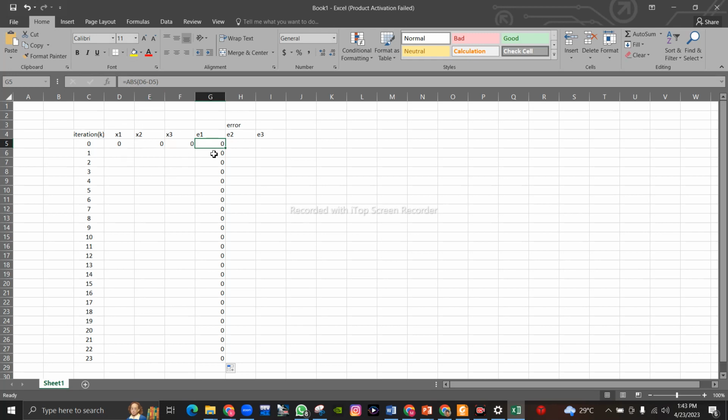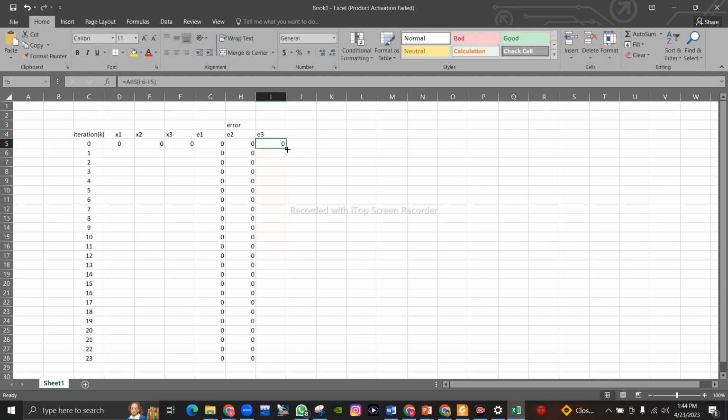So for E2, that will be equal to the absolute value of the next value minus the previous value, E1. That's the formula for that too. Let me take that down. E3 is also the same thing, equals the ABS of the next value minus the previous value. And take that down too.